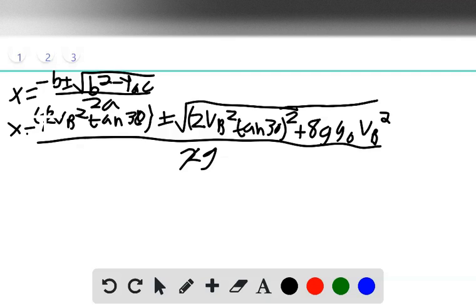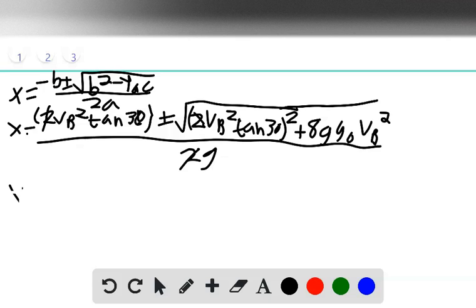Then we just solve this full equation, plugging all of our numbers in. I'm not going to write out all the numbers because it's a very long equation. This 2 is going to cancel as well.